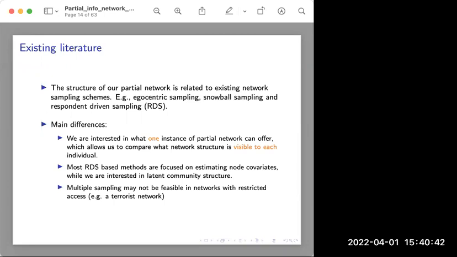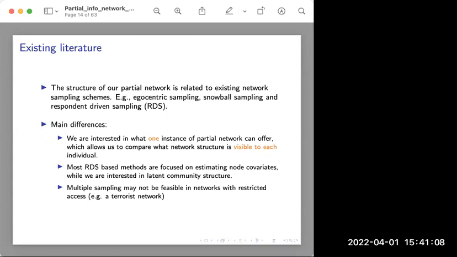The key conceptual difference between this line of work and ours is that we are interested in what one instance of the partial network can offer. And this allows us to take the view that now we can compare what kind of network structure is visible to every individual.